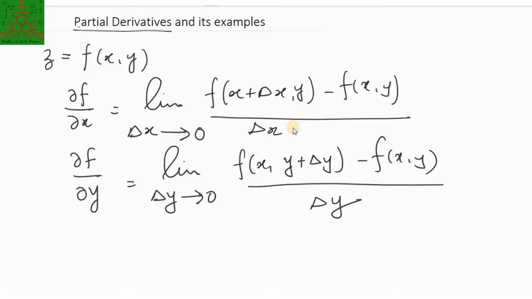So the partial derivative of f with respect to x, geometrically, will represent the slope of this surface in the x direction at the point x y. And similarly, the partial derivative of f with respect to y, geometrically, will represent the slope of the surface in the y direction at the point x y.